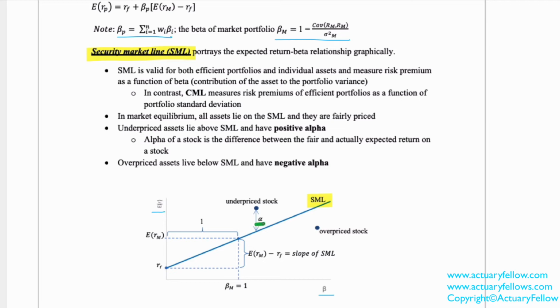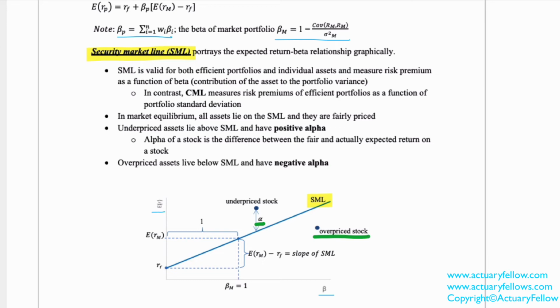When an asset is underpriced, the asset has a low price, which means a smaller denominator in the expected return calculation. That's why the expected return lies above what the SML suggests. On the other hand, overpriced assets fall below the SML and have negative alpha.